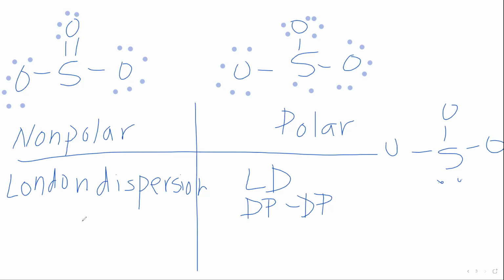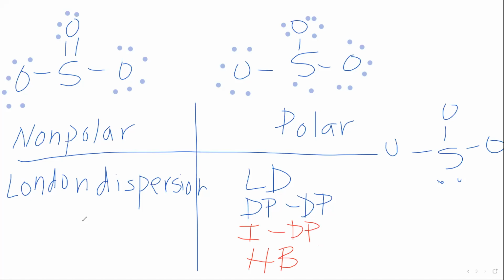All right. Now, the other thing that can happen is you can have an ion dipole force. And one of these is an ion, right? But in order to have an ion dipole force, you have to have a charged molecule, and you also have to have polarity. And the last thing that could happen, but didn't happen here, is hydrogen bonding.